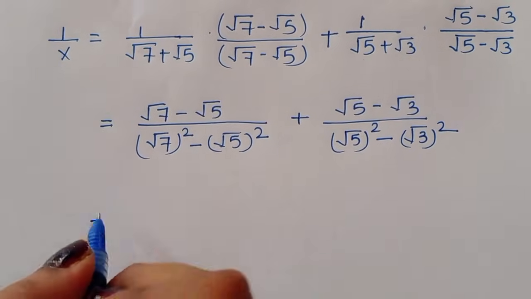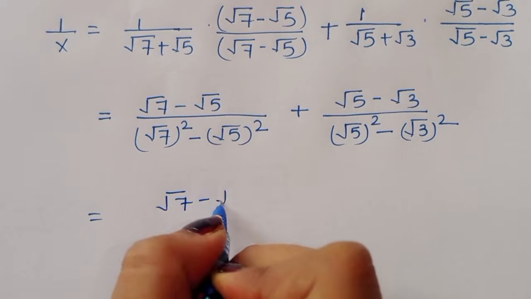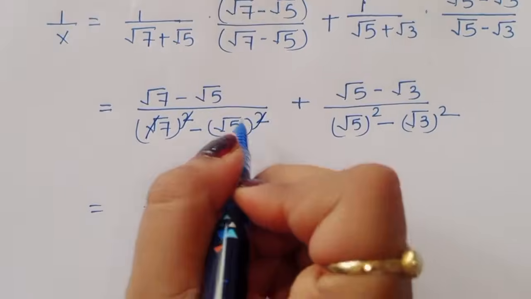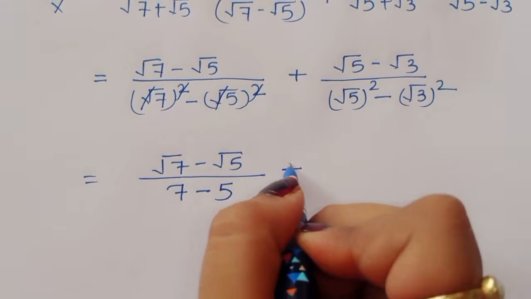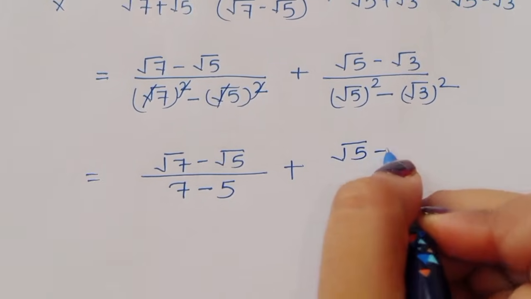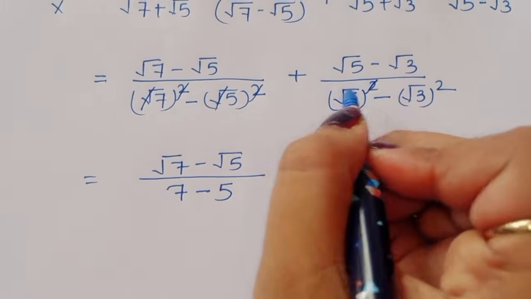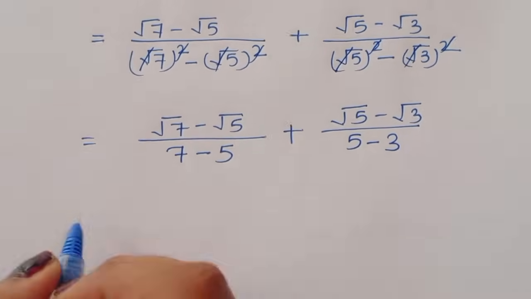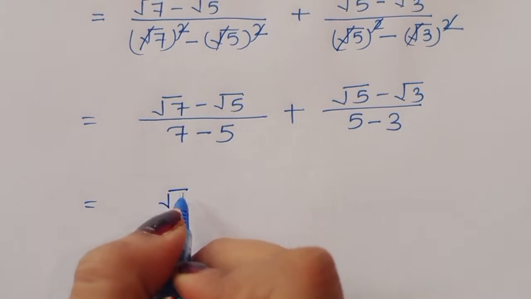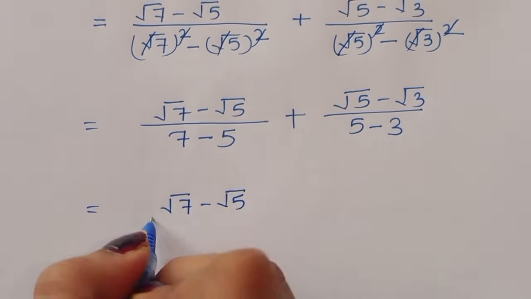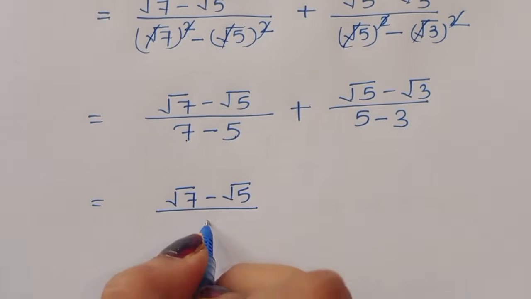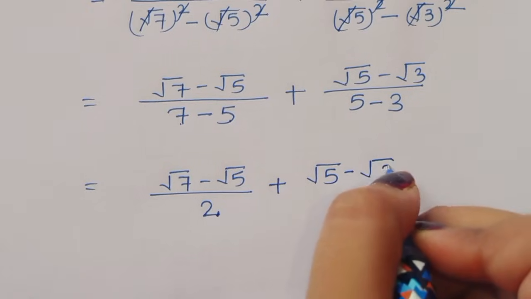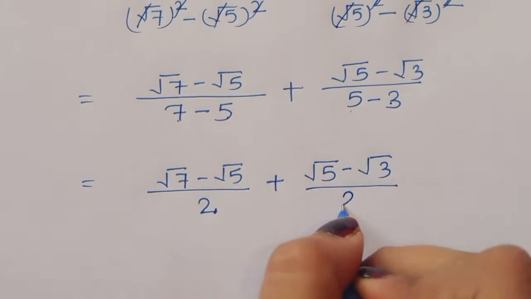Now square root of 7 minus square root of 5 divided by, this will cancel here, 7 minus 5, plus here square root of 5 minus square root of 3 divided by, this will cancel here, 5 minus 3. Now square root of 7 minus square root of 5 divided by 7 minus 5, that is 2, plus square root of 5 minus square root of 3 divided by 5 minus 3, 2.